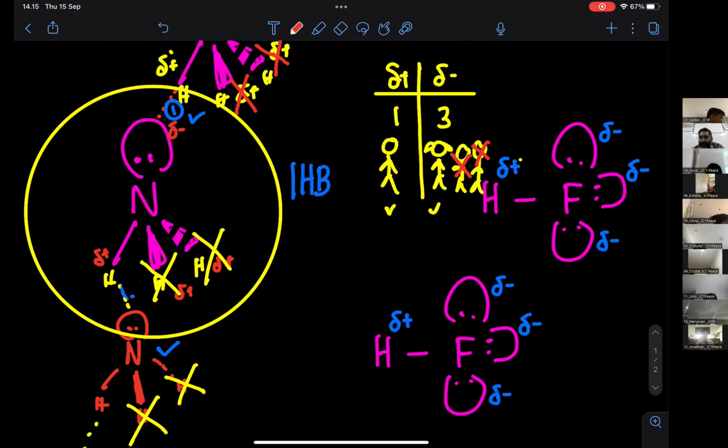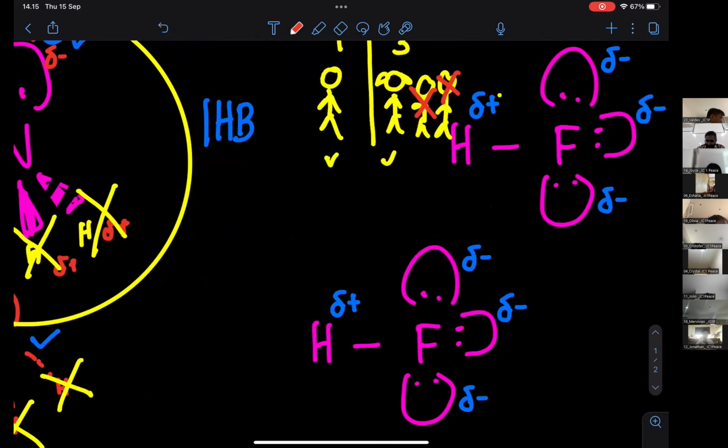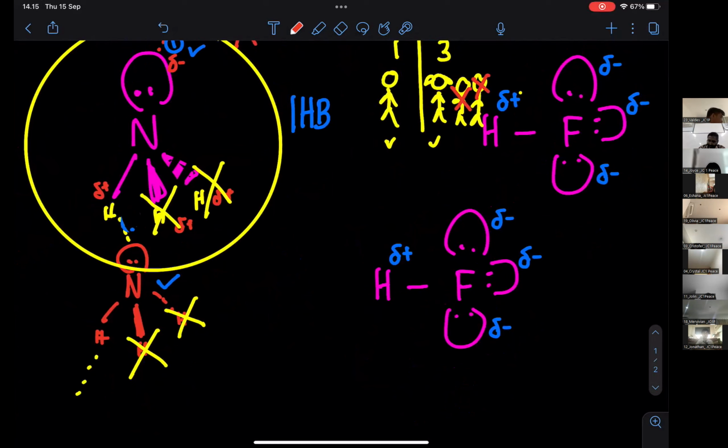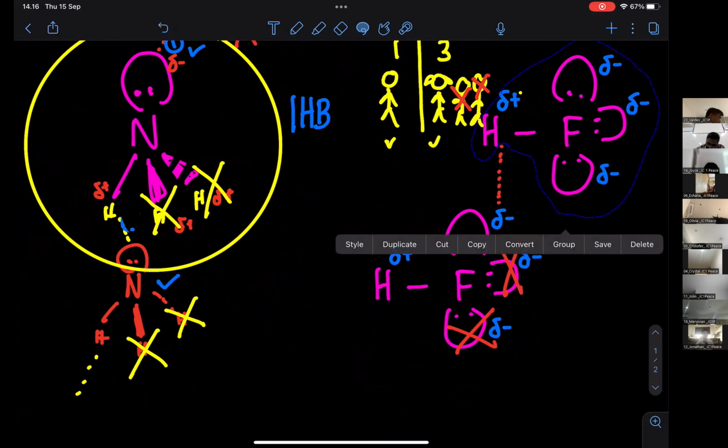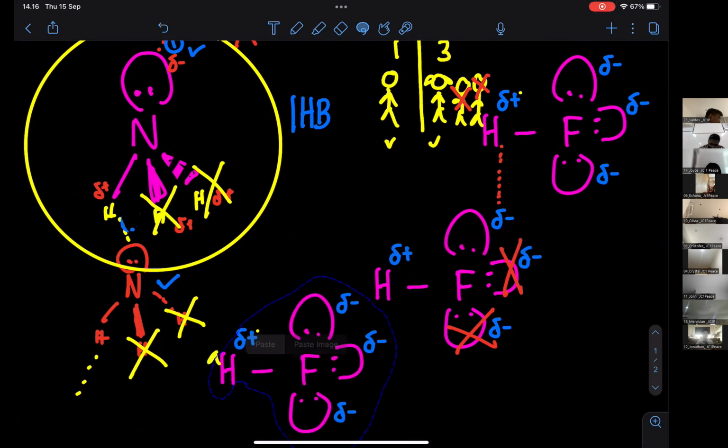If I represent it here, you can see delta minus, delta H, one of them will couple up. This will go to waste, this will go to waste. And for another molecule, let's say I copy this and put it here.